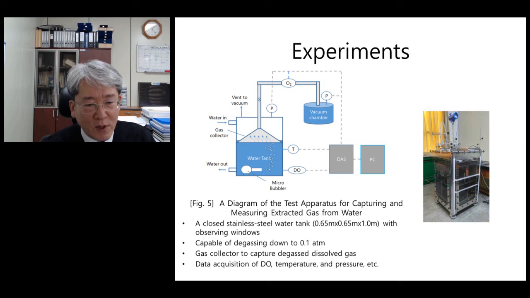a micro vapor bubble generator. The vapor bubbles rise up and are collected under the gas collector hood. The volume is measured using a scale on the hood under atmospheric pressure, and the oxygen concentration is measured to be stored for future analysis.